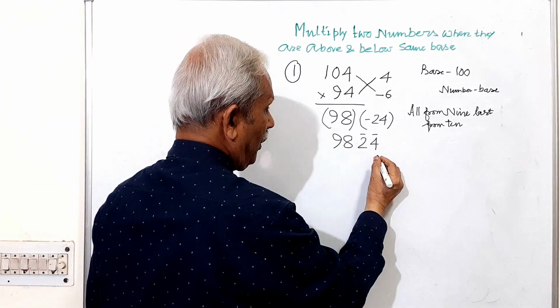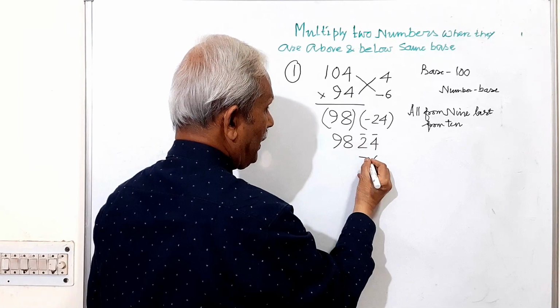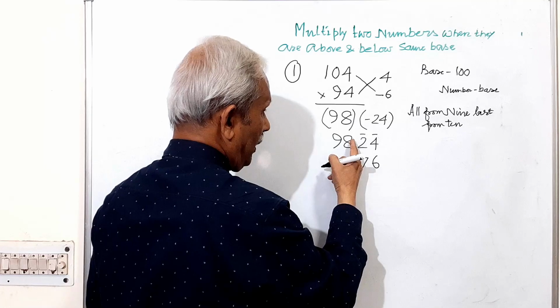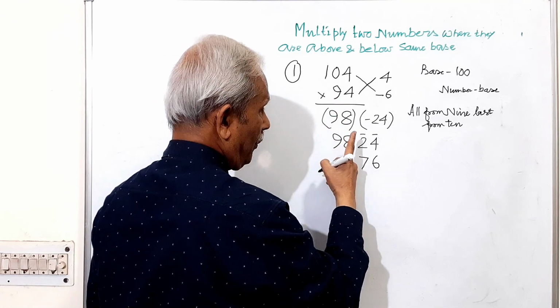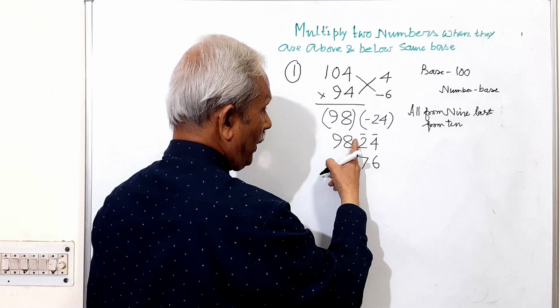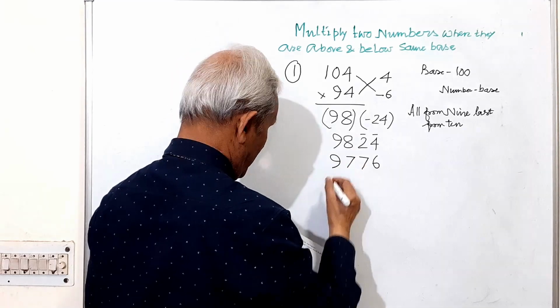So here 10 minus 4 is 6, 9 minus 2 is 7, and the next number is reduced by 1. So this becomes 9776.